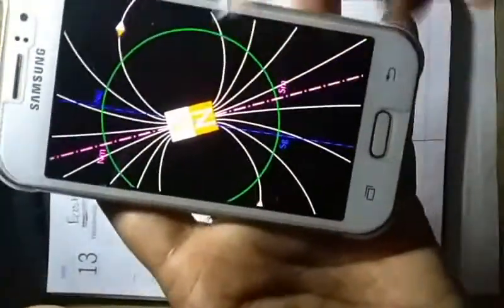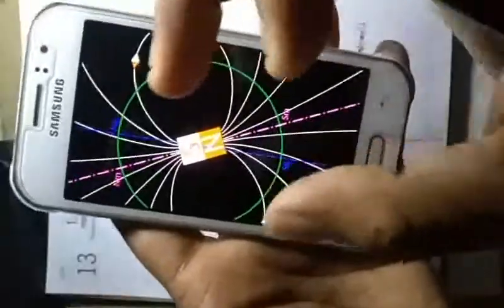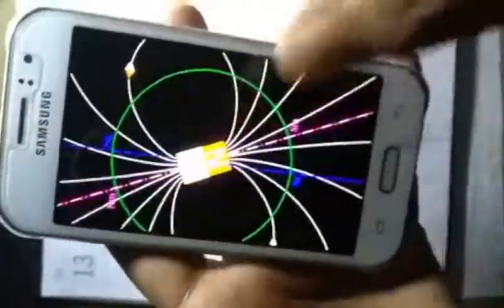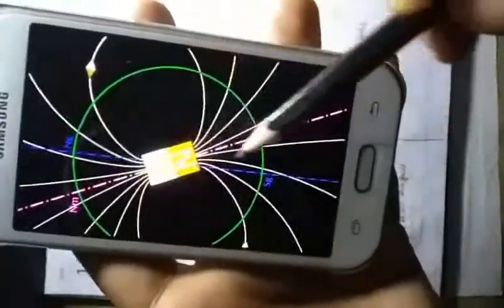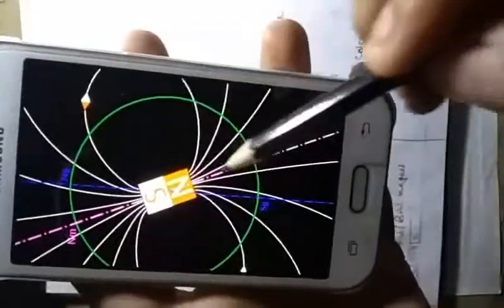Okay, it is happening from north to south, but what you see, as the magnetic needle is placed, the direction is just reversed. You can see that is magnetic north, magnetic south. So from outside it will look like the magnetic field line is going from south to north.